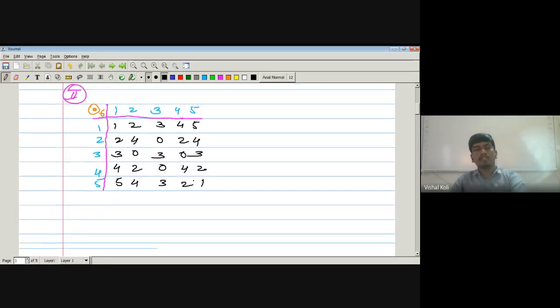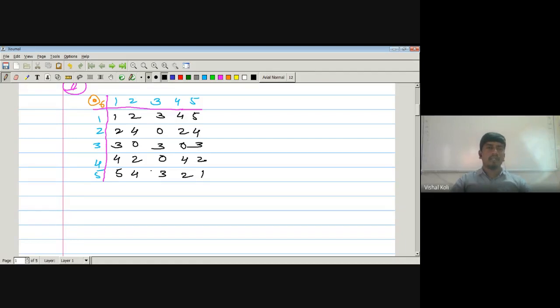So therefore, this one is the composition table of a group set G with respect to binary operation multiplication. But here there is one element 0 belonging to this composite table, but it is not a member of the given set.